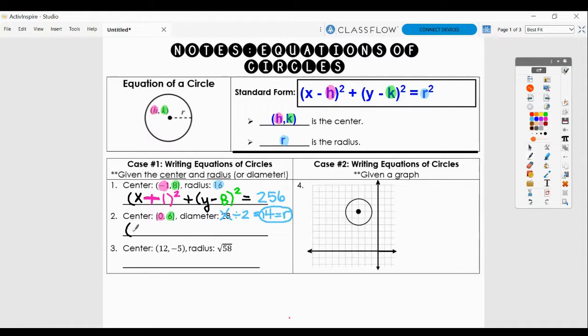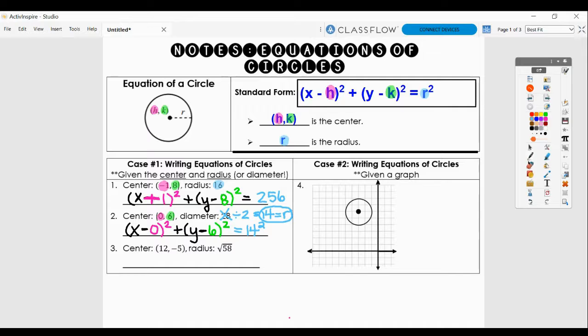Here we go. We have parentheses x minus 0. That's the value of h here. Let's close the parentheses and square it. Plus the quantity y minus, instead of k, it will be a positive 6 there, squared, and that's going to be equal to r squared. Clean it up just a tad bit here.